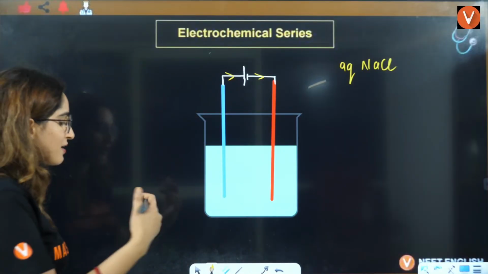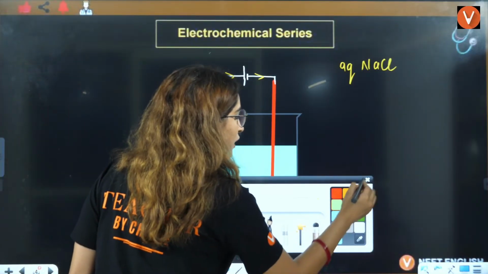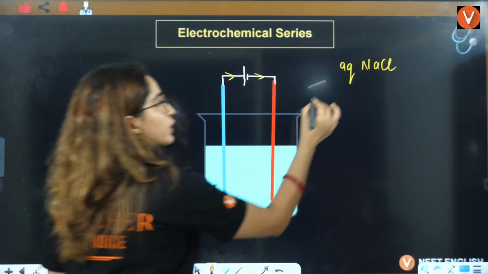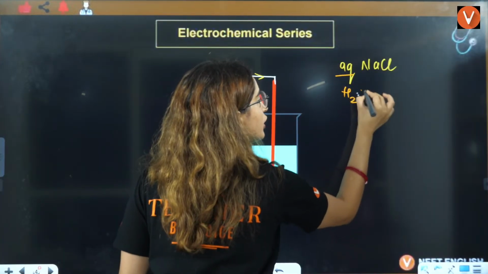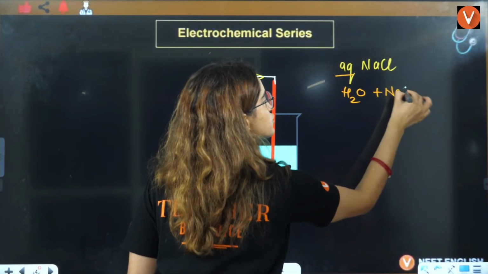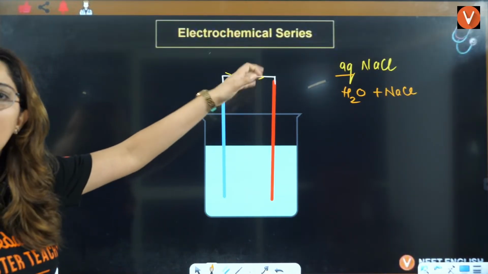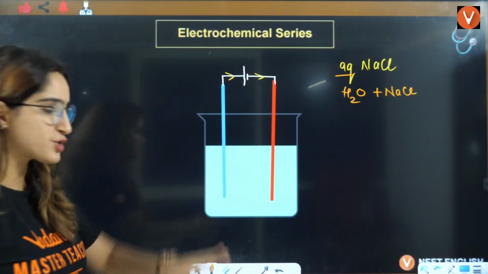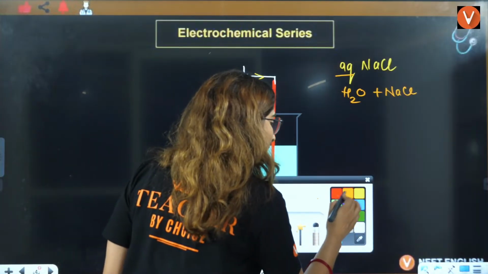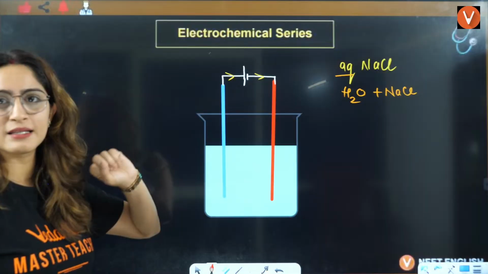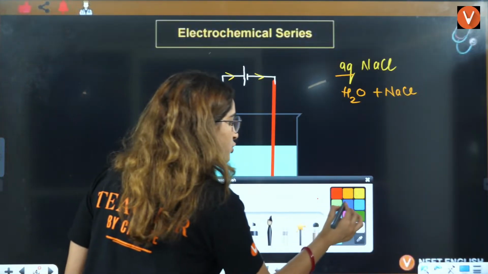For that, you need to understand a few points. Whenever you have this kind of situation with aqueous, that means you have water and you have NaCl. Now, everybody, see this very carefully. This is NaCl and this is water.